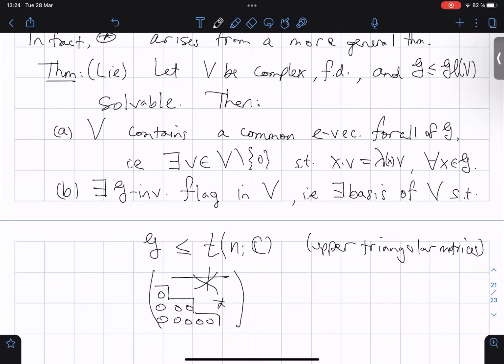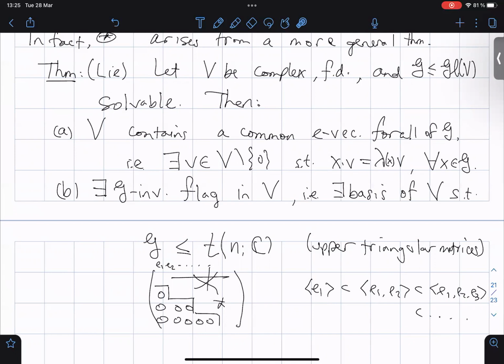So if I view the basis as E1, E2, etc., then I have this nested chain of subspaces, this sitting inside this, sitting inside this, etc., but such that each of these subspaces is invariant under the action of G. That's what is really going on when you're working with an invariant subspace, right?